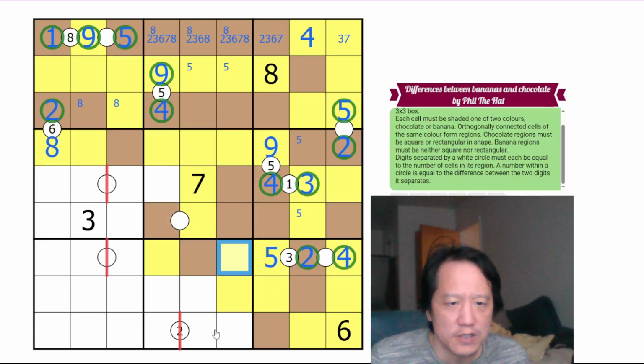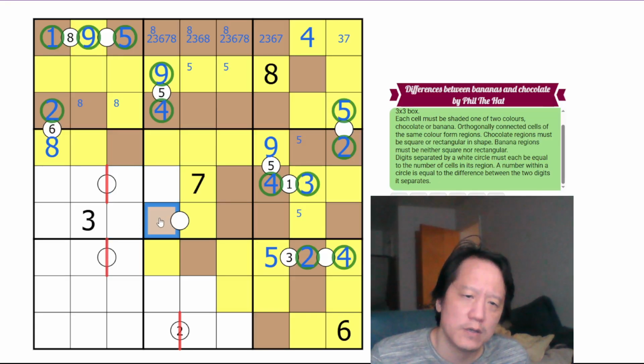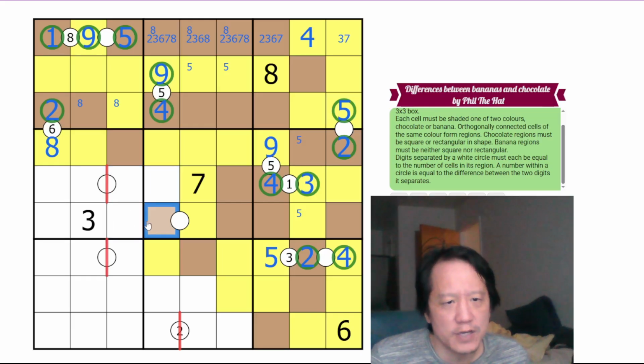So this is yellow. This could just be a singleton brown. This could be a singleton brown. Size cannot be 4. Could be 1. This cannot be 4 because of 4 in the column.